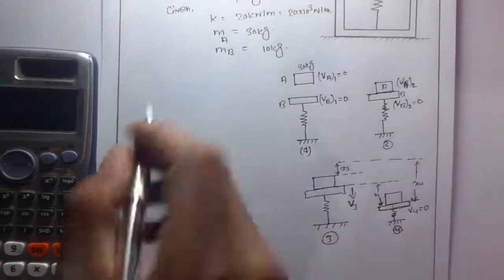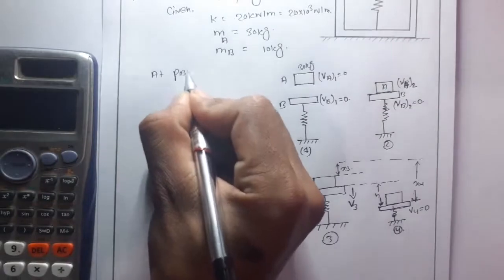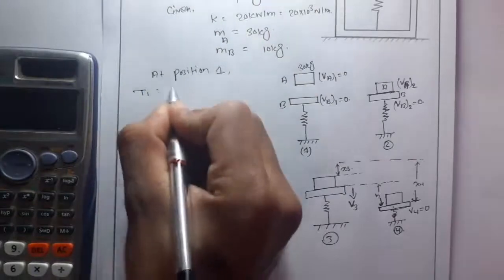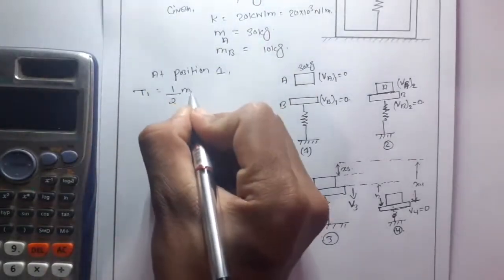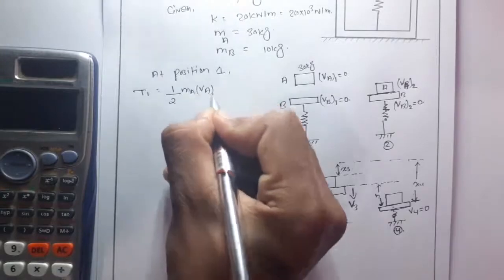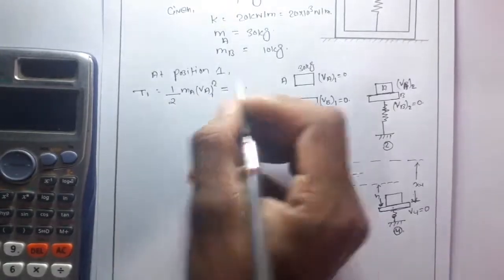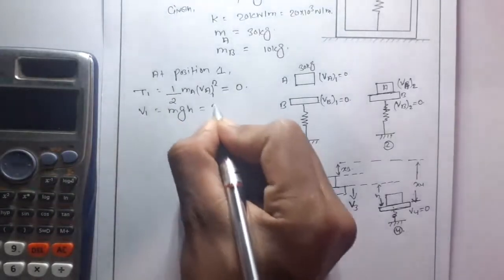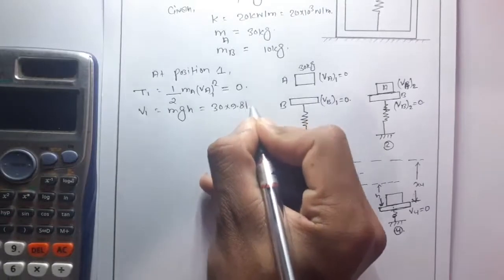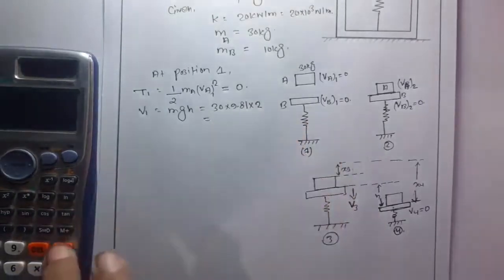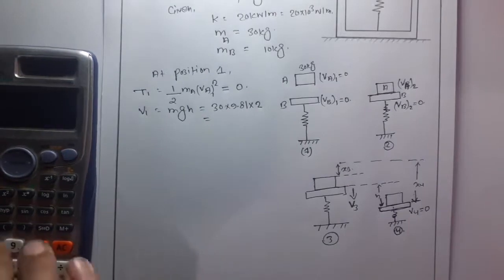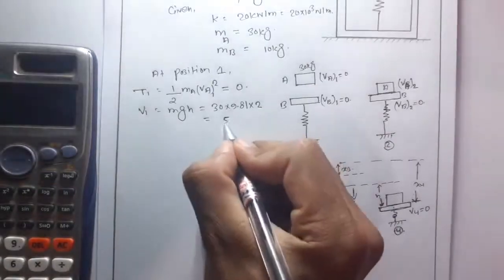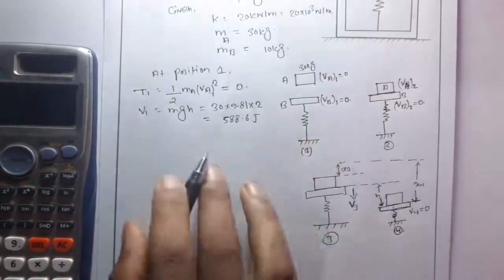Now at position 1, T1 is equal to 1 by 2 m A VA1 square, which is equal to 0, and V1 is equal to mgh. This is 30 into 9.81 into h, which is 2. So this is 30 into 9.81 into 2, which is 588.6 joule.